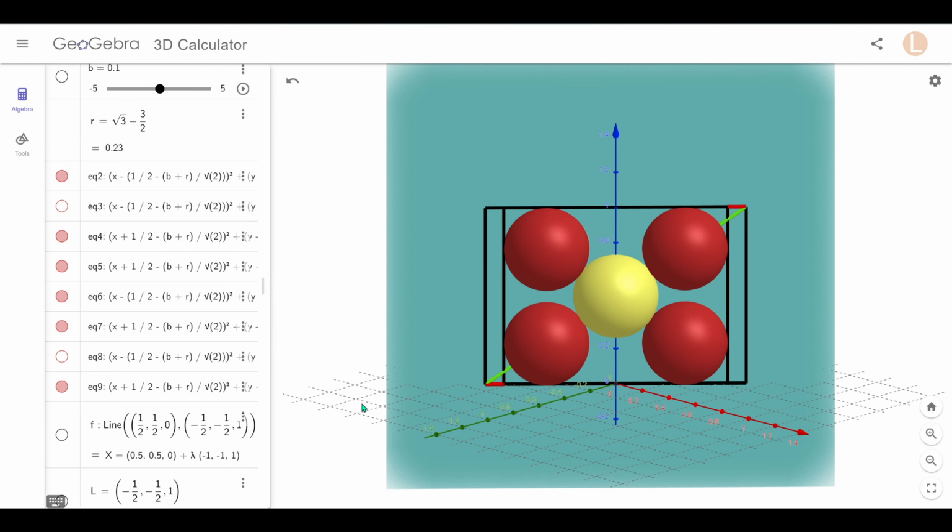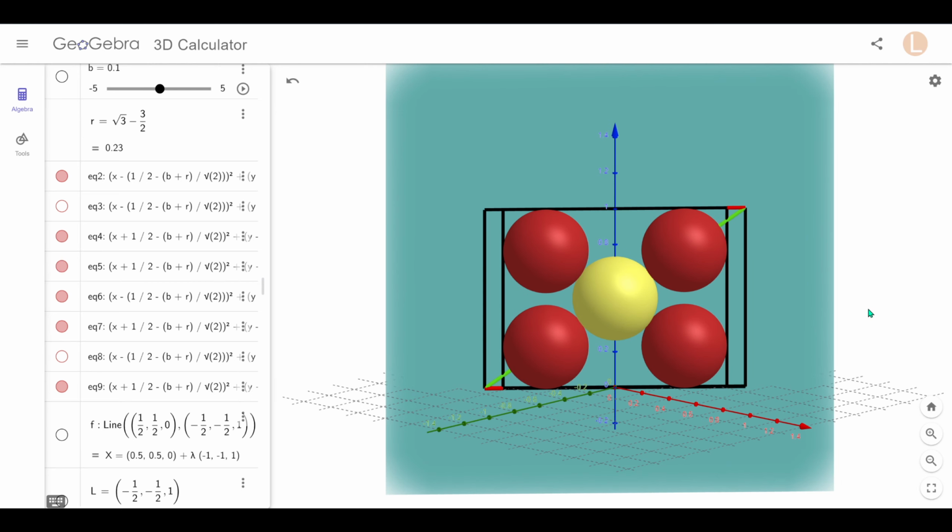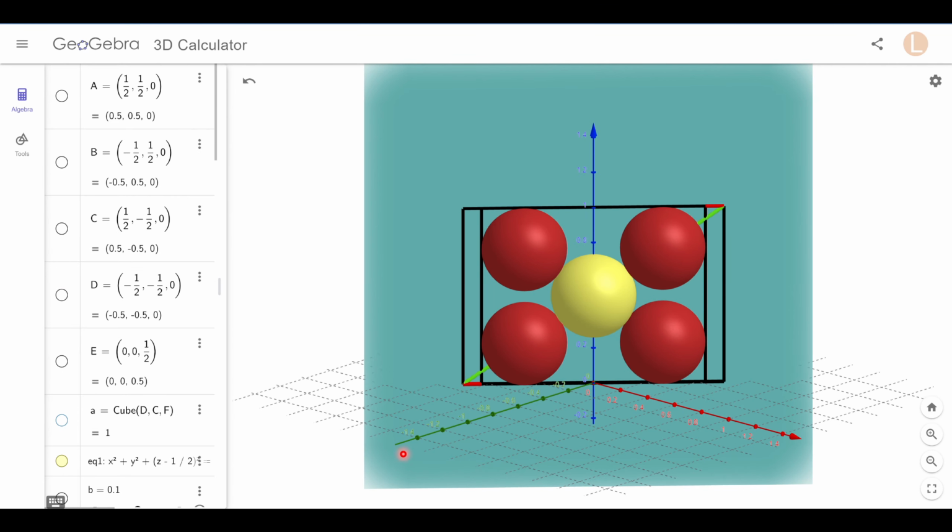All right, so now we want to go over how we can make this diagram here. This diagram is a picture in the book, and it's how we can figure out the radius of the cube. But I want to show you how to construct this in GeoGebra 3D calculator. We learned how to make a line segment using the segment function.